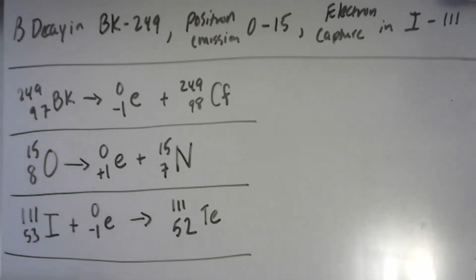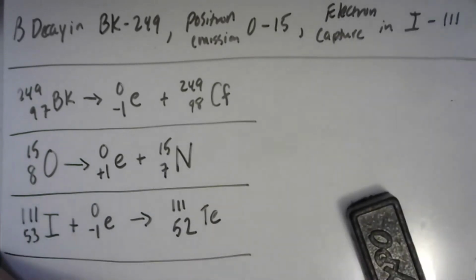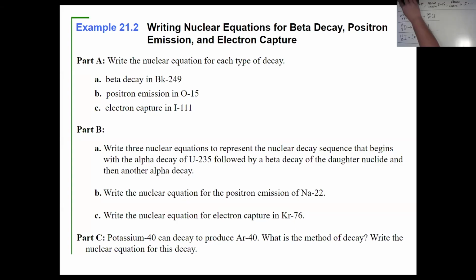The second part was, this one's interesting. I'll put it back up in case you missed it, because that's going to be a good one. This is to write 3 nuclear equations to represent the decay sequence that begins, we're starting with U-235.